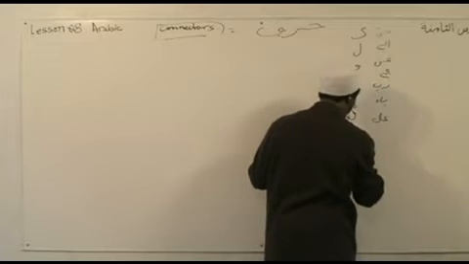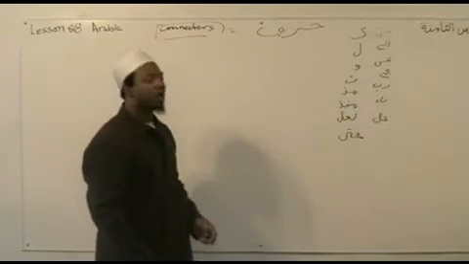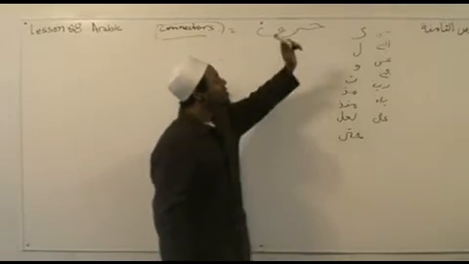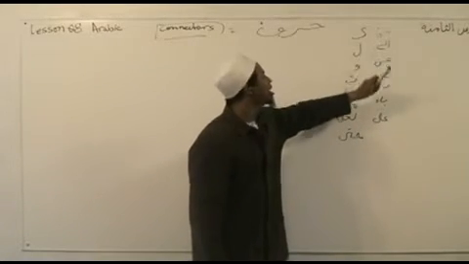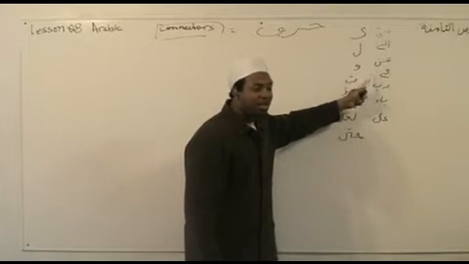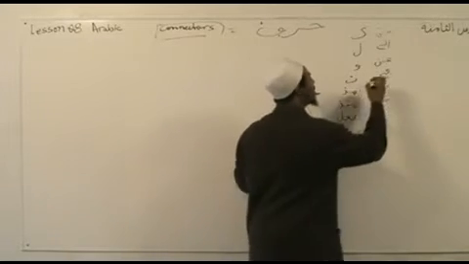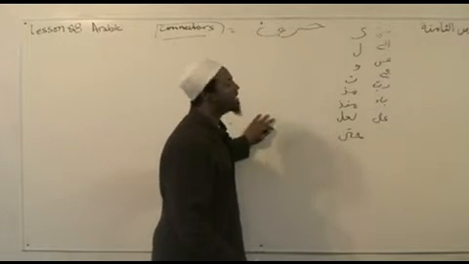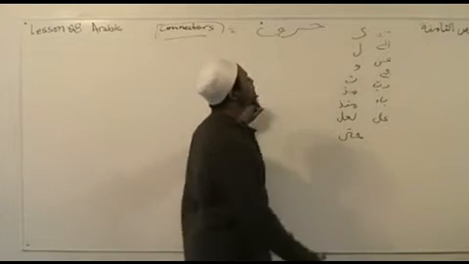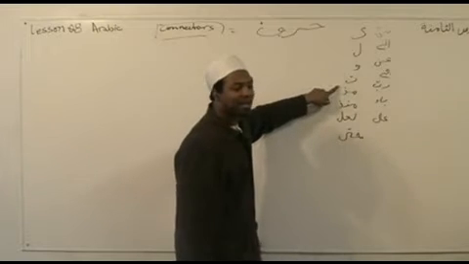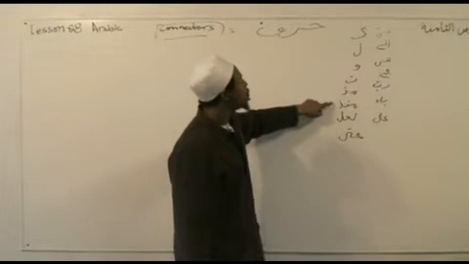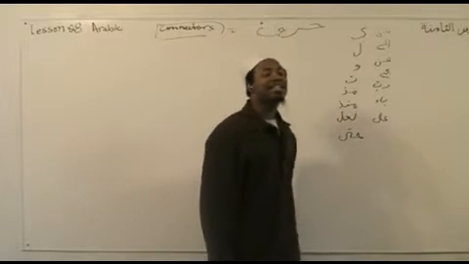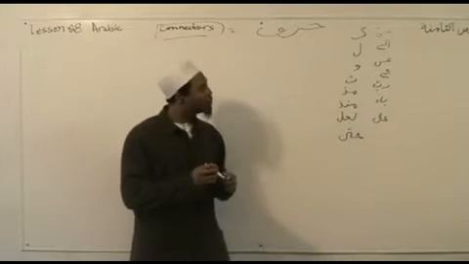These are the huruf al-khafd. Let's go over it. Min, ila, an, fi, rubba, ba, ala, kaf, lam, waw, ta, mudh, wa mundhu, la'alla, hatta. Now I'll go over it with you.